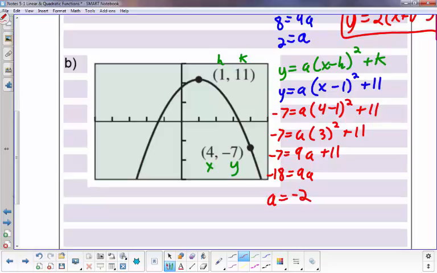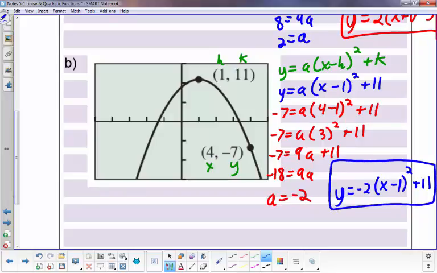And it's pretty obvious we're going down, so it definitely better be negative. It makes sense. At that point we can rewrite our equation: y equals negative 2 times x minus 1 squared plus 11. There is my quadratic equation. Hopefully all this is coming back to you. You saw this last year. Make do with it as we go along.